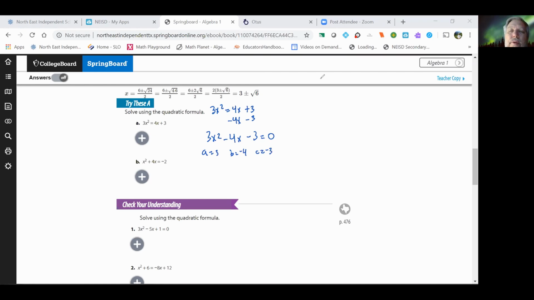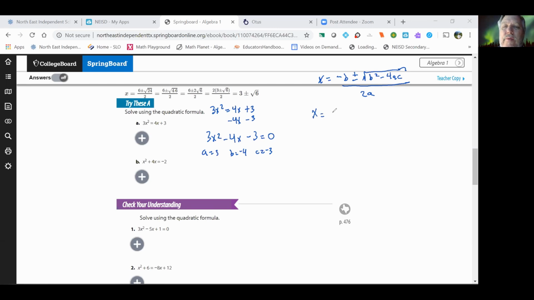So I'll go ahead and use my formula. X is equal to negative B plus or minus the square root of B squared minus 4AC, all that over 2 times A. All right, so now we just plug in the numbers.